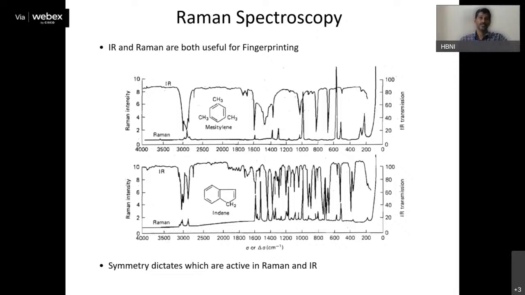So during high pressure measurements, if one does both kinds of measurement, one can determine the symmetry of a system. One can also do polarized Raman scattering, and that gives information about the symmetry of an individual mode. So that can be used for identification or mode assignment of an unknown sample.